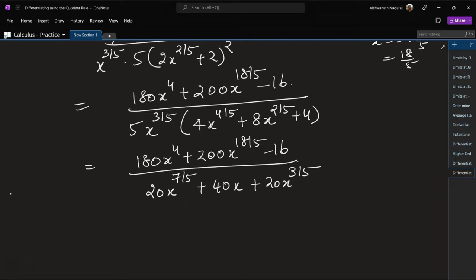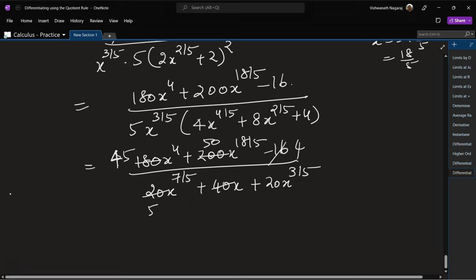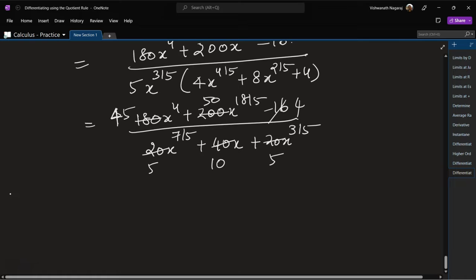Now here again everything is divisible by 4. So 4 fours, 4 fifties, 4 fours are 16, 4 tens and 4 fives.